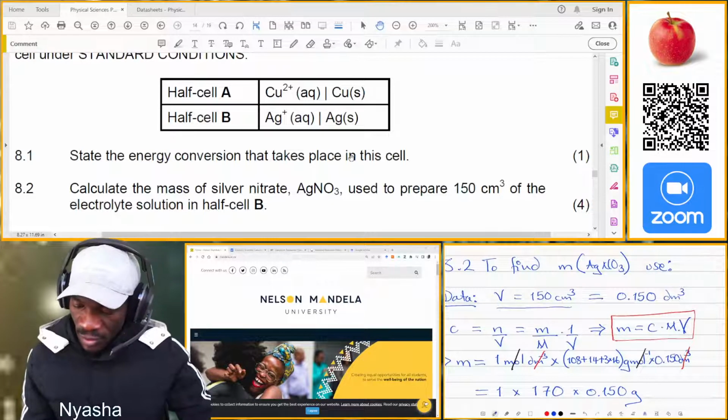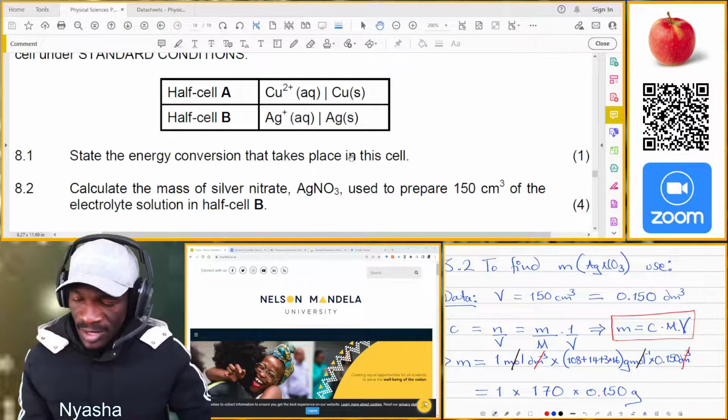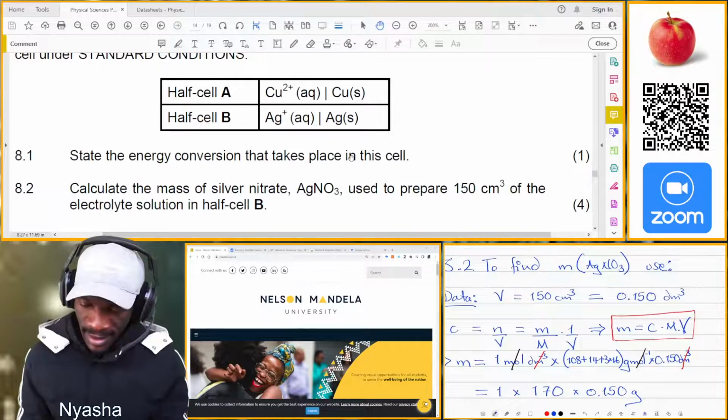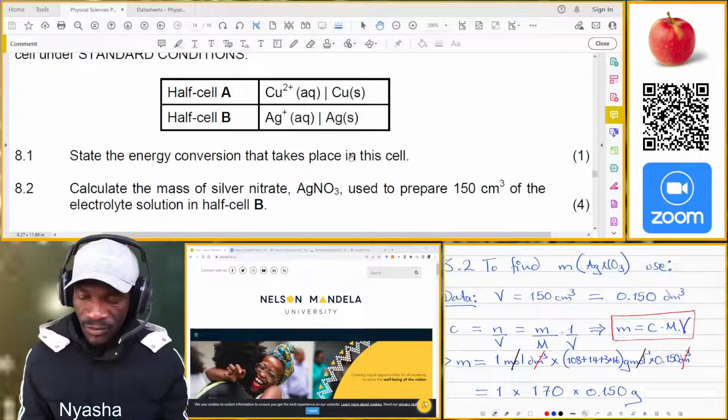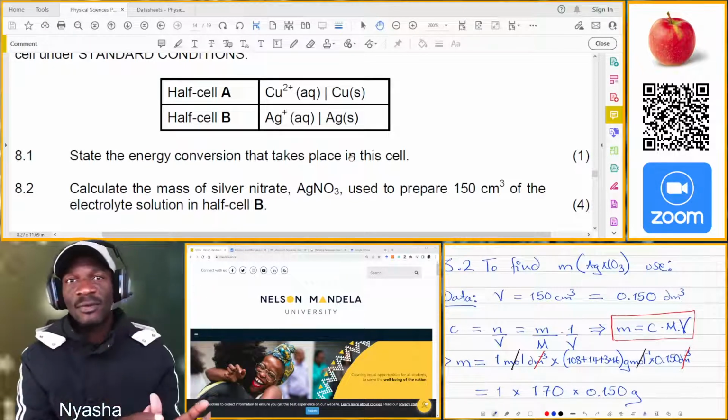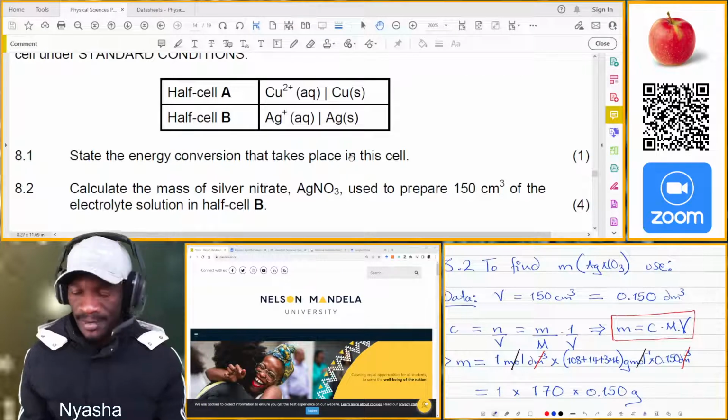We have a volume that was supplied, and then we converted it to our dm cubed, our liters. And then we've got our concentration, which we use to determine the formula for mass. And we also said we can find this formula in our data sheet.